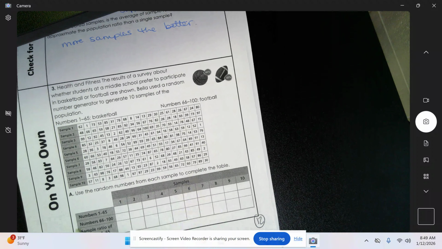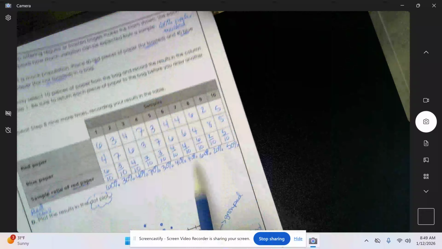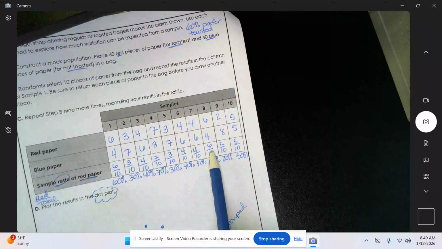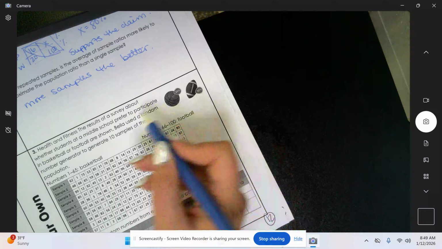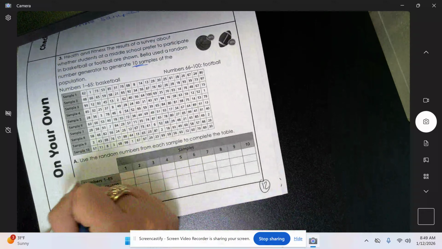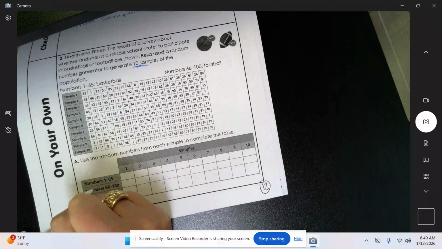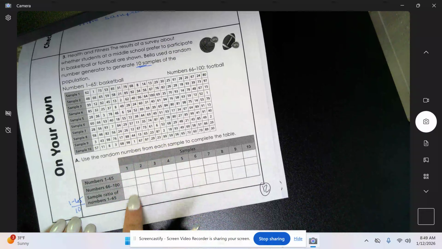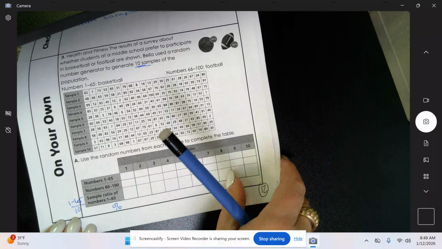Okay, but you're going to do this table the exact same way that we did this over here. Okay, except your total this time, well, it's out of 10 still. So it would be your ratios of 1 to 65 out of 10, and then you're going to change it to a percent down here.